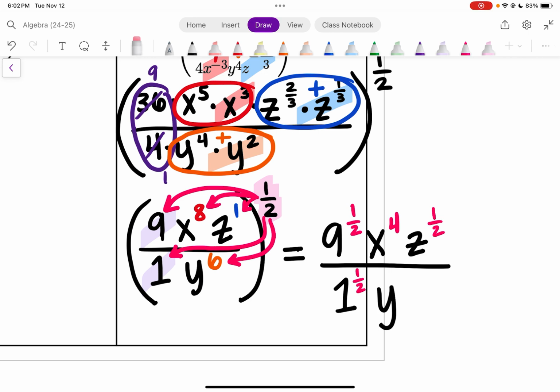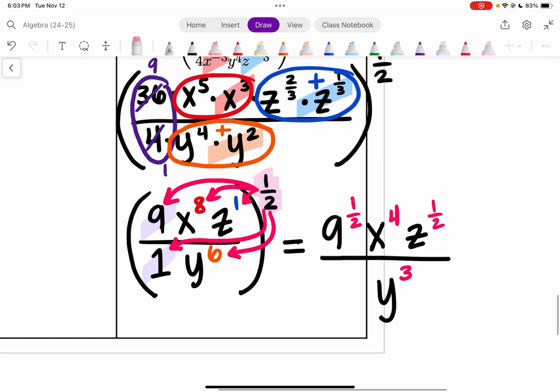We actually can get rid of this 1/2 because 1 times 1 is 1. So we can get rid of that 1. So now we just have y, and half of 6 is 3. Okay? Because we don't really need to see this here. It can disappear, right? We don't ever really need to see that 1 in the denominator. So if you want to let that go, you can let that go. All right. And this is our final answer.